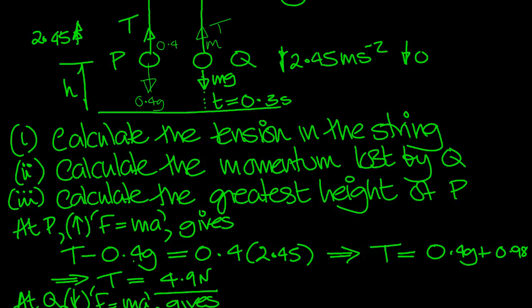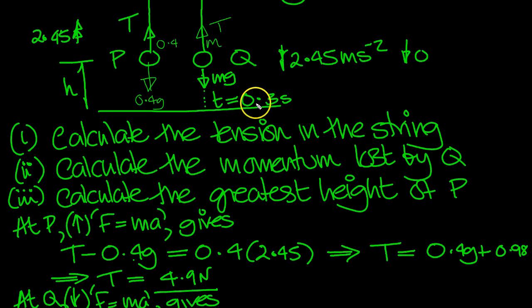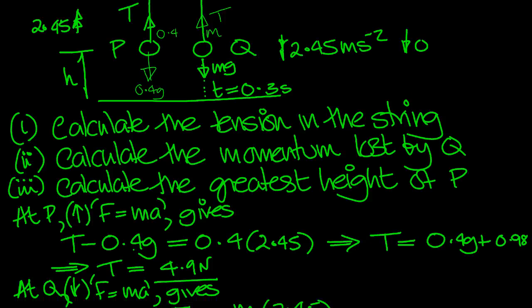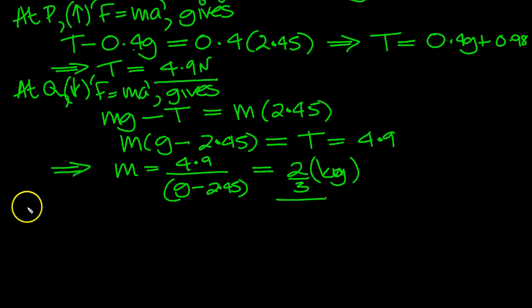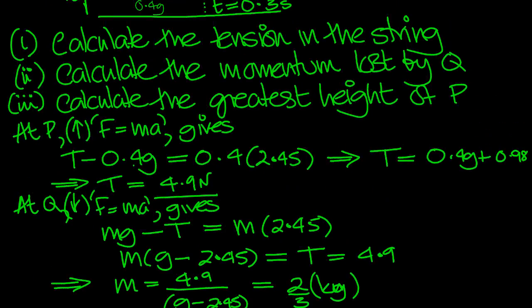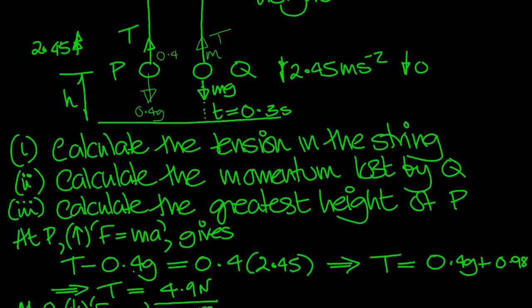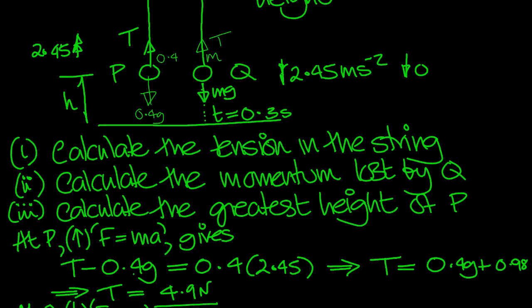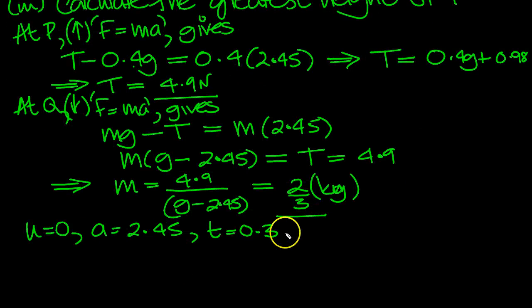We know its acceleration, we know its time, so we can work out the velocity, can't we? So here, u is equal to 0, it's released from rest. a is equal to 2.45. t is equal to 0.3 seconds, mentioned in the question here, when it hits.